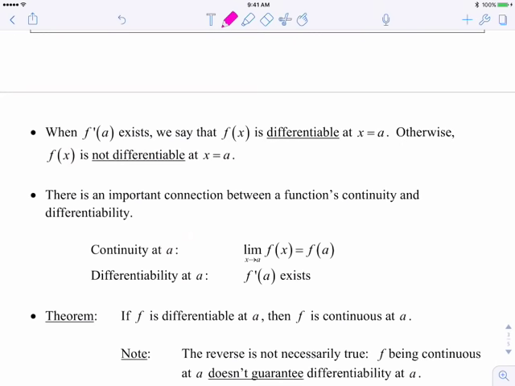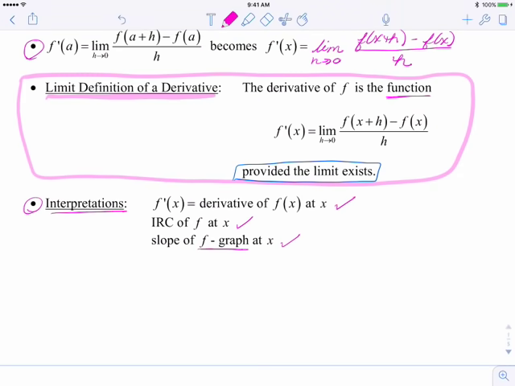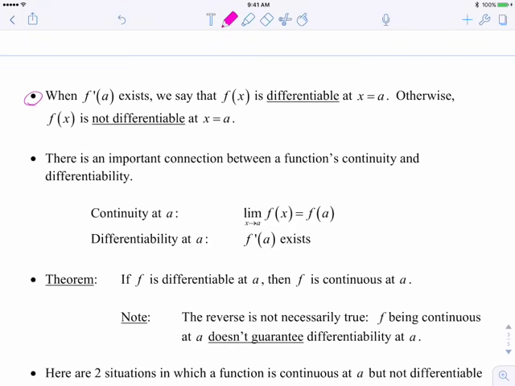All right. Now, as I mentioned before on the first page, the derivative only exists if the limit that it's defined as exists. So, when f prime of a exists, we say that f of x is differentiable when x is equal to a. Basically, differentiable means that you're able to compute the value of the derivative of the function at the specified value of x.